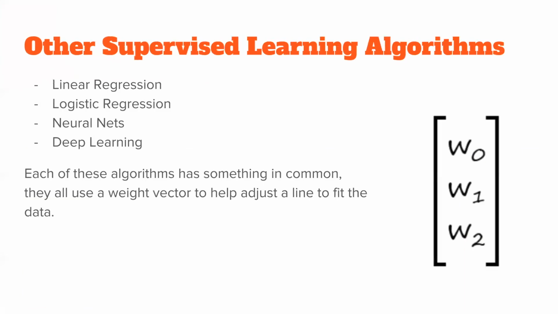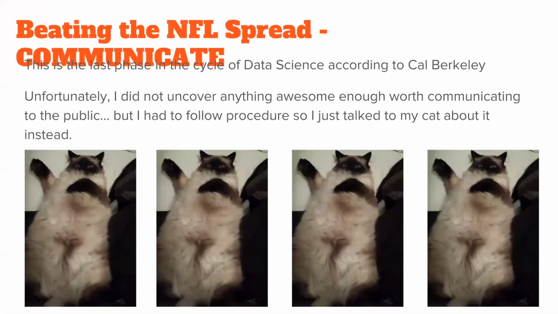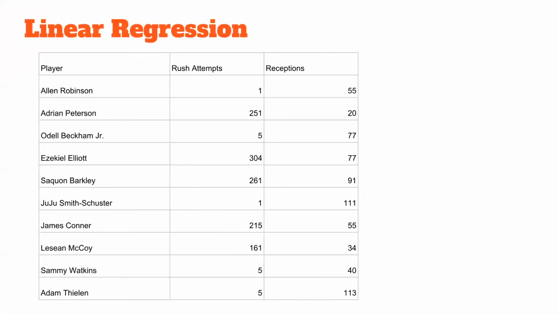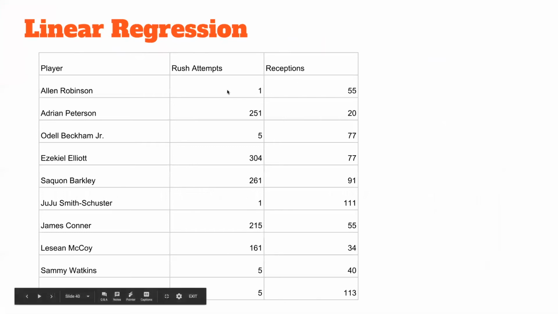So other supervised learning algorithms, you have linear regression, logistic regression, neural nets, and deep learning. And one very common theme about each one of these algorithms is that they use a weight vector. Okay, so we have some data here. Now this is really only a 2D data plot.